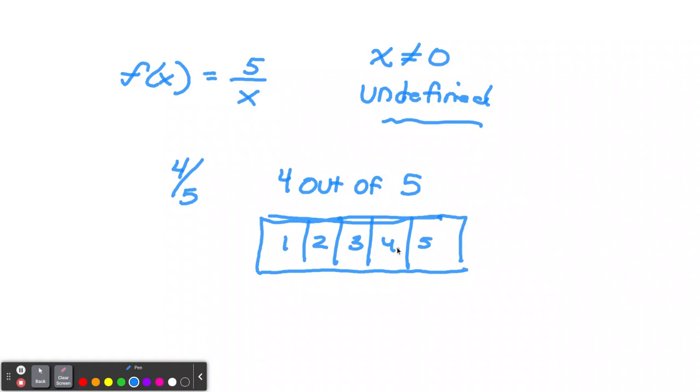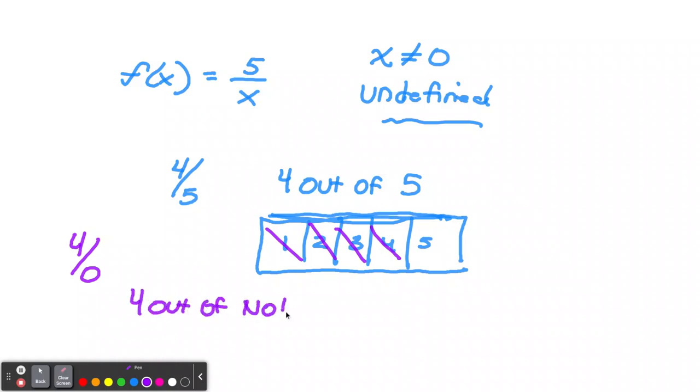We had 5. 5 is the whole, and 4 are the parts. And you had 4/5. So this is how much you had, 4 out of 5. What do you think this would mean if you had 4 out of 0? It makes no sense. You're saying you have 4 out of nothing. Do you see why it's undefined?